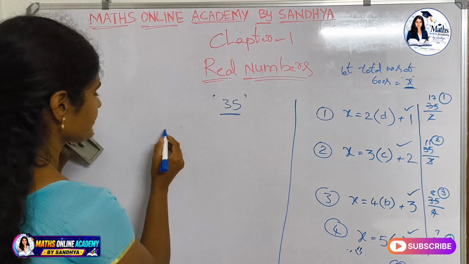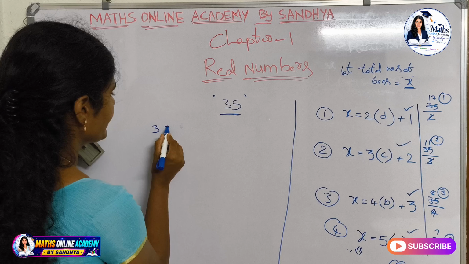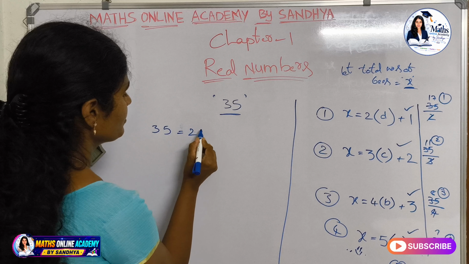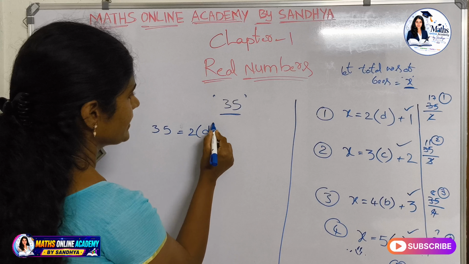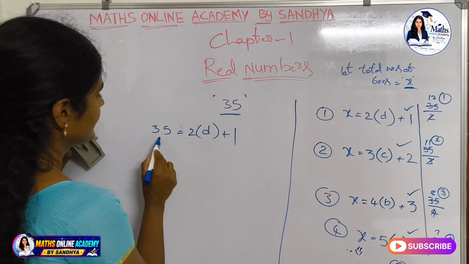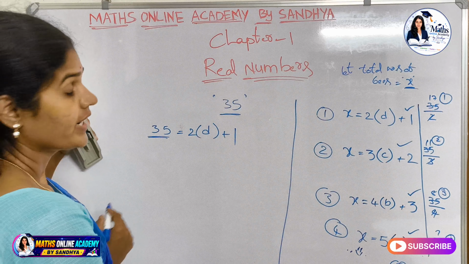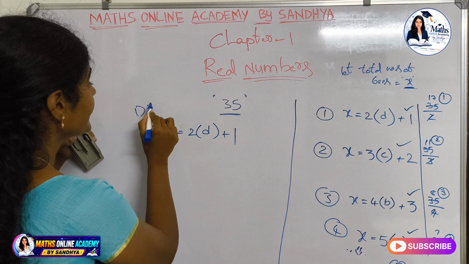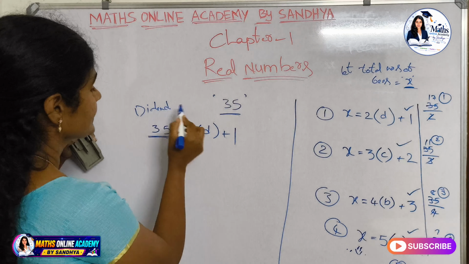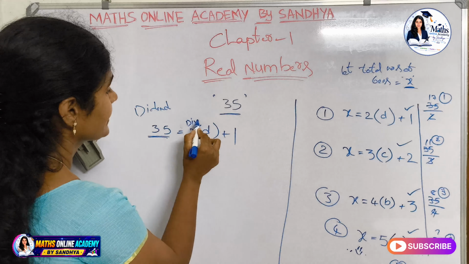Here, 35 equal to 2 times something plus 1. This is the dividend. This is the divisor, na?